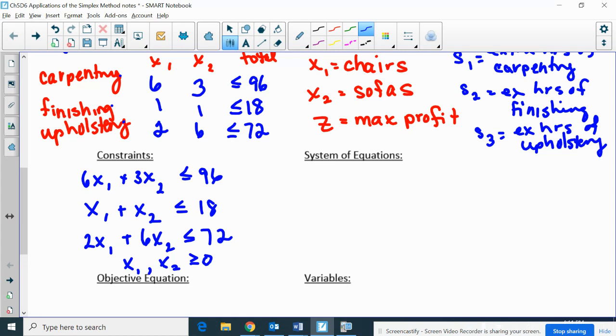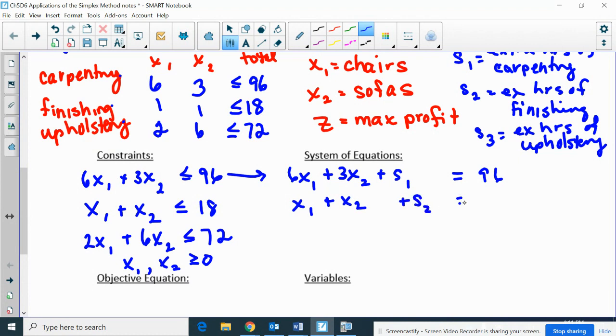All right, so now I'm going to carry this over. It's going to be 6x sub 1 plus 3x sub 2 plus slack variable 1 is equal to 96. X sub 1 plus x sub 2 plus slack variable 2 is equal to 18. 2x sub 1 plus 6x sub 2 plus slack variable 3 is going to equal 72.